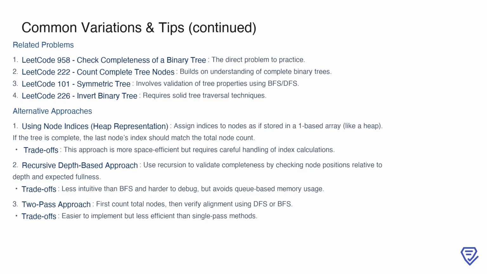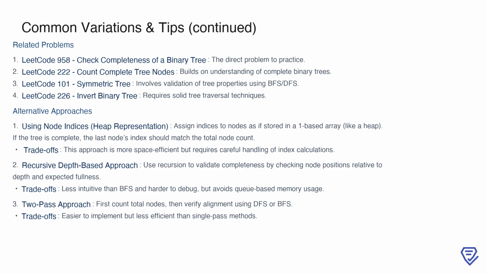One option is using node indices as if the tree were represented in a one-based array, similar to a heap. In this method, the last node's index in a complete tree should match the total node count. While this is more space efficient, it requires careful index management. Another strategy is the recursive depth-based approach, where you validate completeness by analyzing node positions relative to their depth and expected fullness.